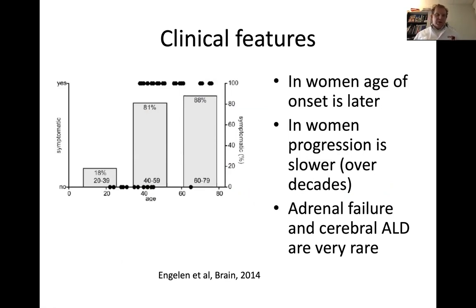But from middle age, most women are affected. That they have a myelopathy clinically does not mean that they are severely handicapped. For instance, progression is much, much slower and occurs over decades rather than years, like in the men.